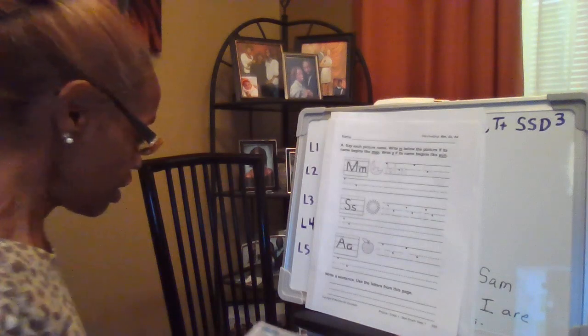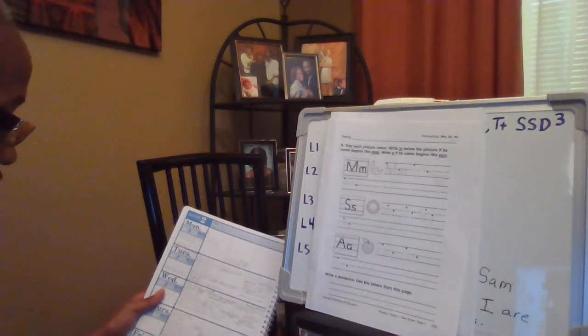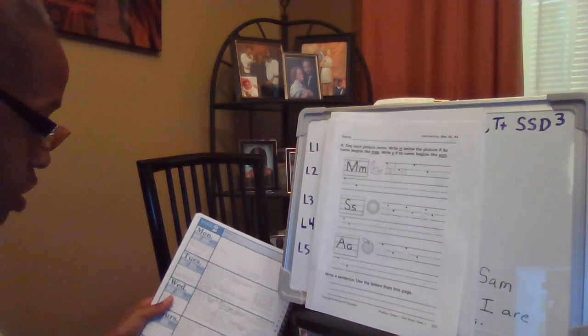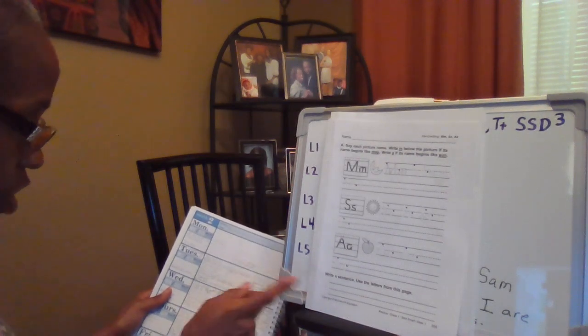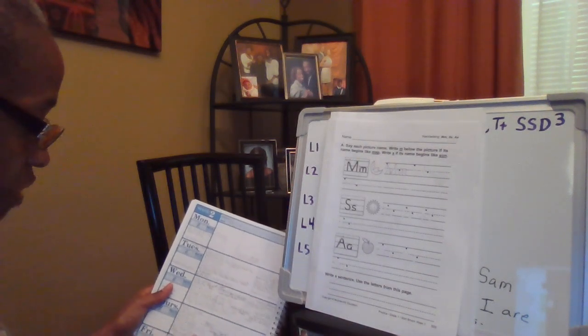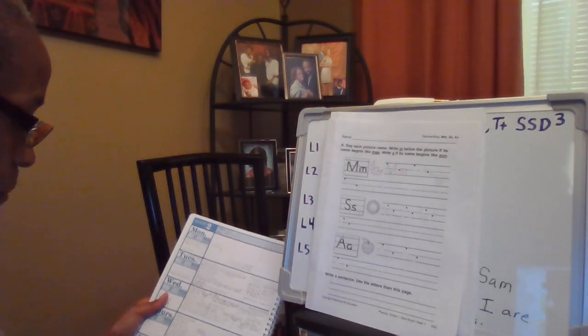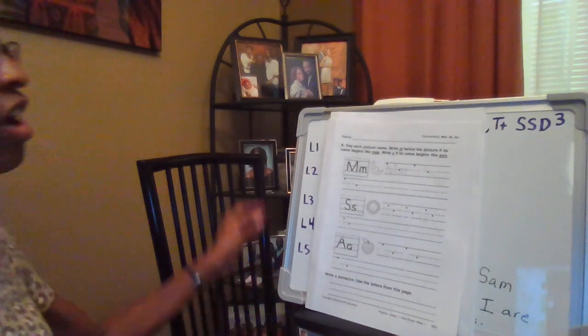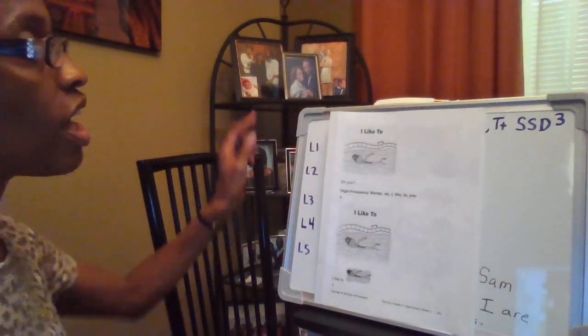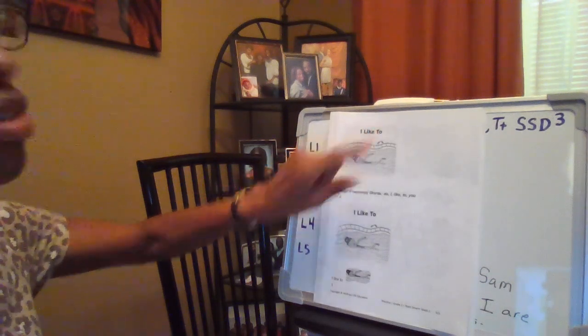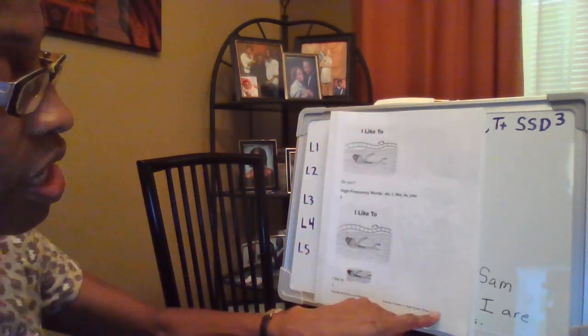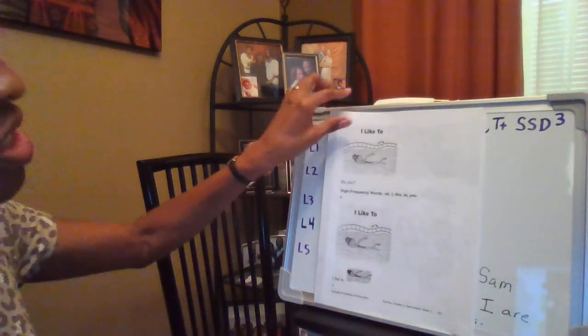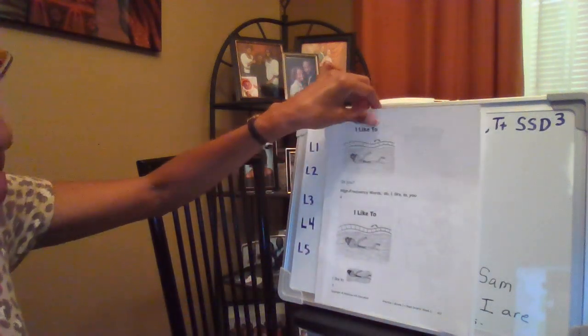And I believe that's it. So your term practice book, which is this little page, page 5 and 6. Okay. And then we have another activity. It's called I Like To. This is a story and it's on page SS3 in your language arts Smart Start packet.